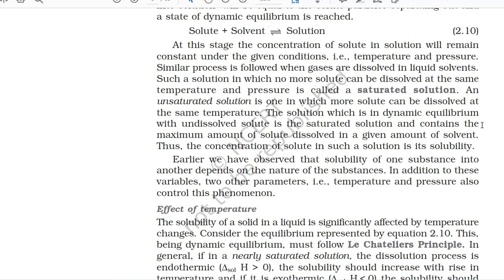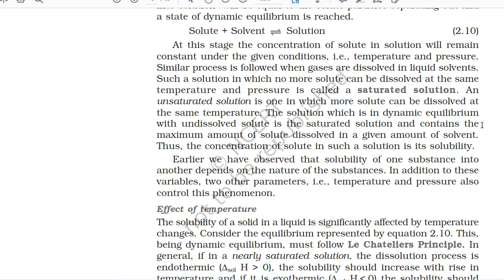An unsaturated solution is one in which more solute can be dissolved at the same temperature. The solution which is in dynamic equilibrium with undissolved solute is a saturated solution and contains the maximum amount of solute dissolved in a given amount of solvent. Thus, the concentration of solute in such a solution is its solubility.